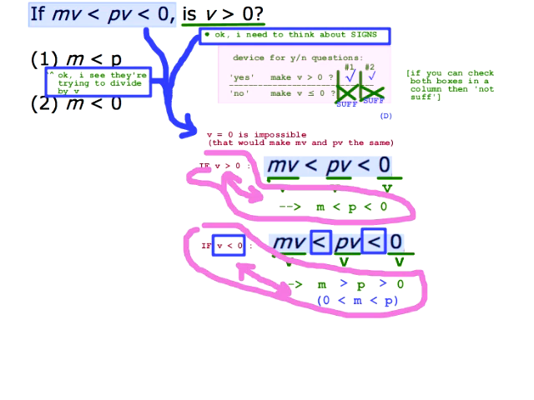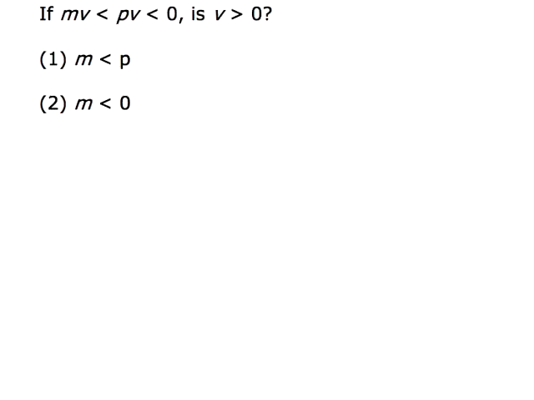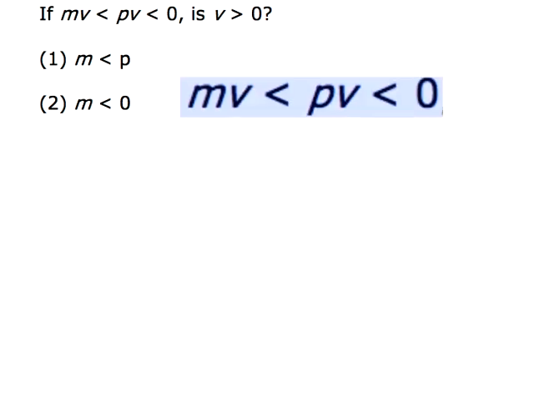Another thing that's interesting about this problem is that, rather than hashing all of this out at the beginning, you can isolate the pieces of that three-part inequality that you need at any given point. Like in statement 1, here is your inequality.